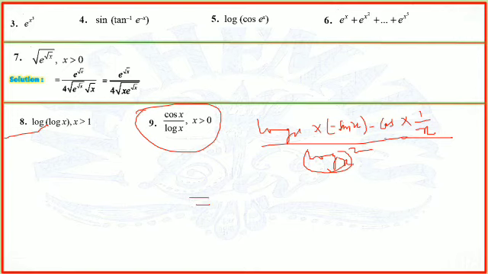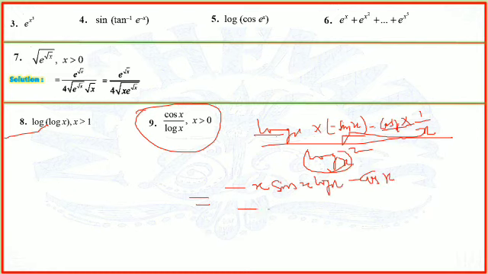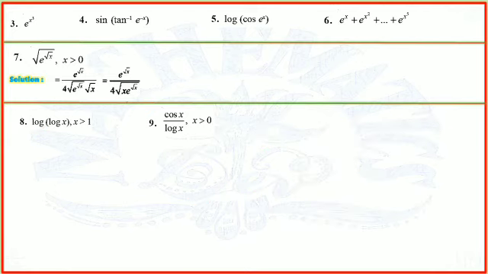Then it is in the denominator, so we will take the LCM here. So minus this sine x. Before that this x will also be multiplied here, minus x sine x, then this log x, then minus cos x upon this x into this. So x into log x whole square. So that is the derivative of question number 9.